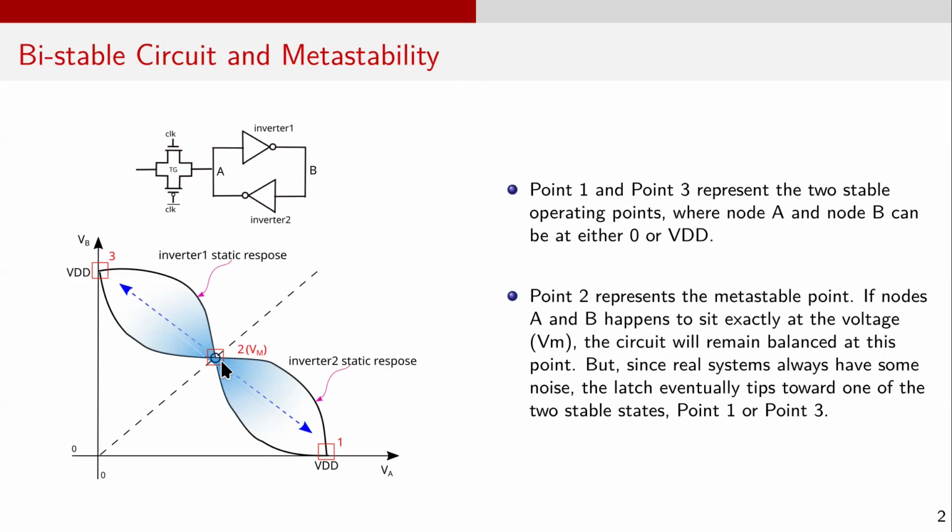If the internal nodes A and B happen to sit exactly at this voltage Vm, the circuit will remain balanced at this point. However, since real systems always have some noise, the latch eventually tips towards one of these two stable states, point 1 or point 3. This unstable condition where the latch is stuck between 0 and 1 is what we call metastability.